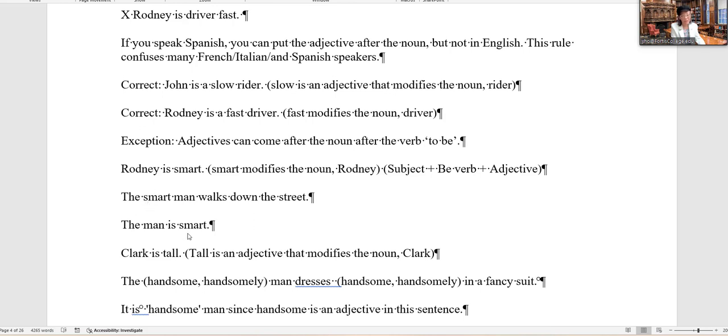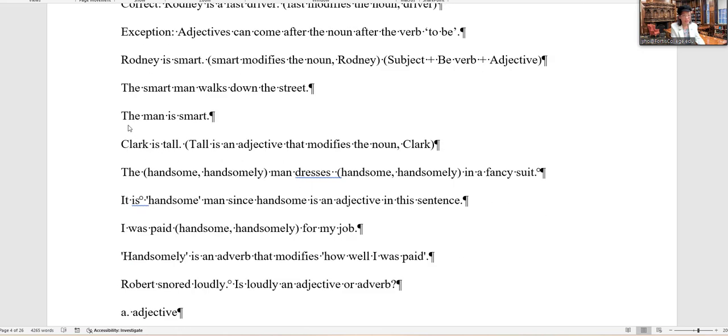This is the only exception where the adjective comes after what it modifies. So here smart is modifying man, and it comes after the noun. Normally, an adjective always comes before the noun, as in the smart man. So this is the exception. Clark is tall. The man is smart.